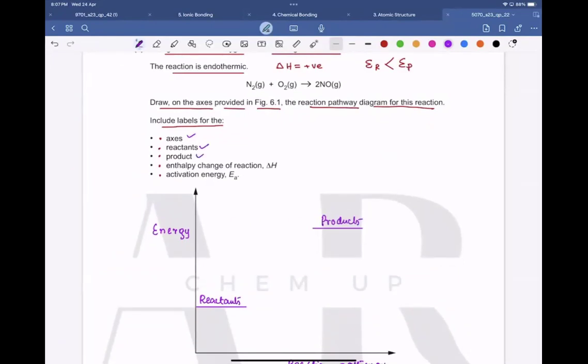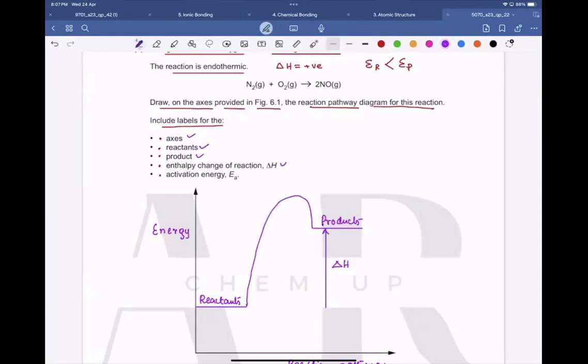Now, the enthalpy change of a reaction. If you recall, the enthalpy change of a reaction is from the reactants to the products. So that is the enthalpy change of the reaction. Then they ask you for the activation energy. For the activation energy, we are going to make an arc like this.